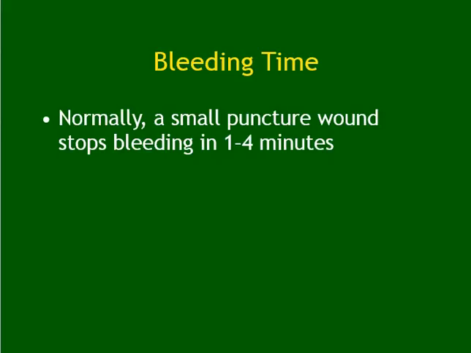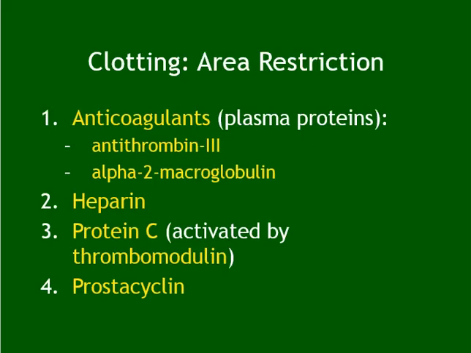Bleeding time, normal. You need to remember this number, 1 to 4 minutes. And these factors are also important. What are the anticoagulants? Like antithrombin 3, heparin. And what are the factors that are needed to coagulate?